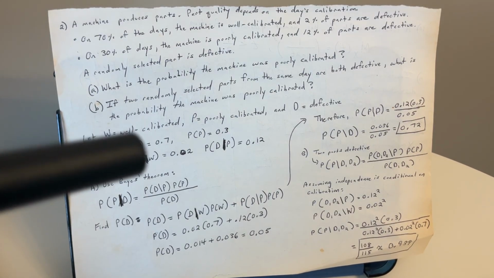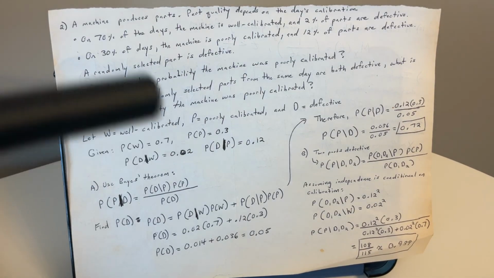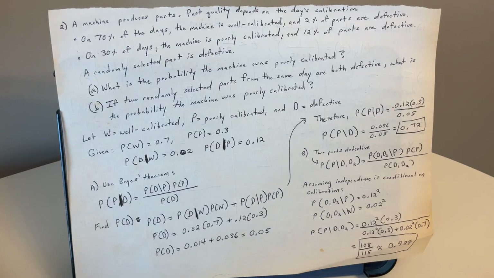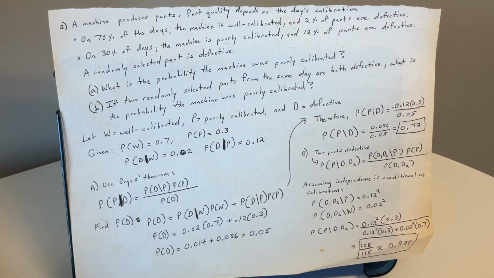P of D given W is 0.02, and P of D given P is 0.12. And again, that's the likelihood of the event occurring given that the other has occurred, so it's conditional probability.